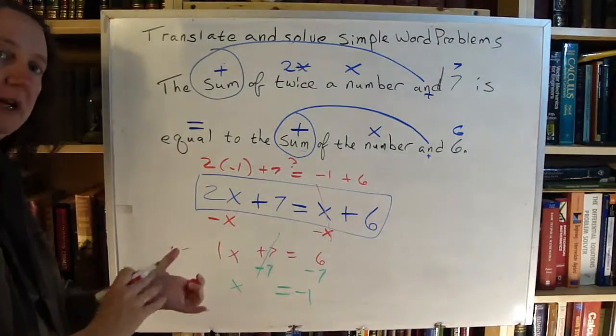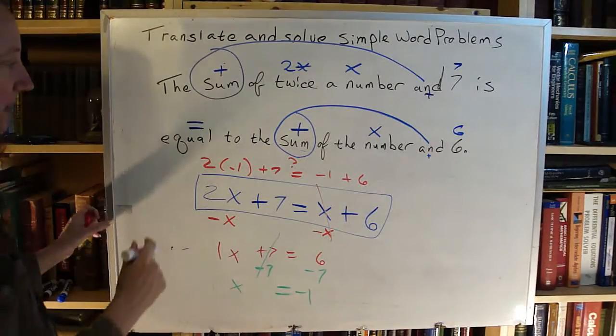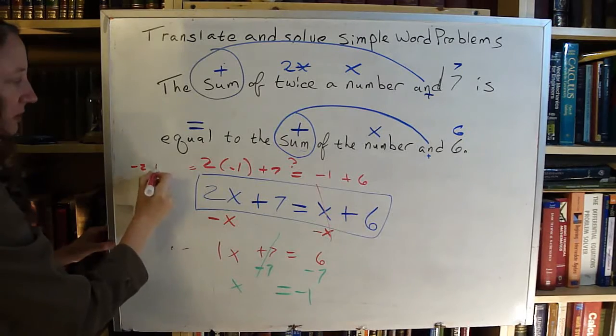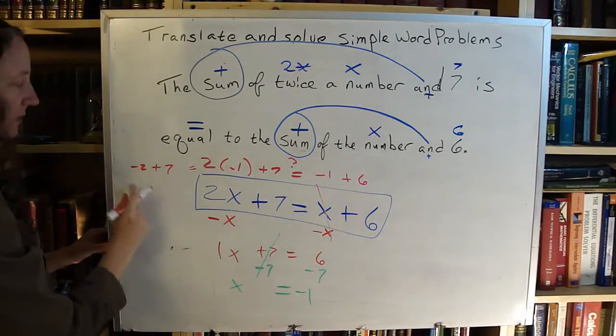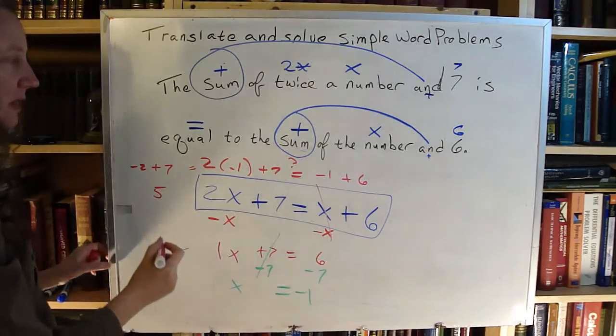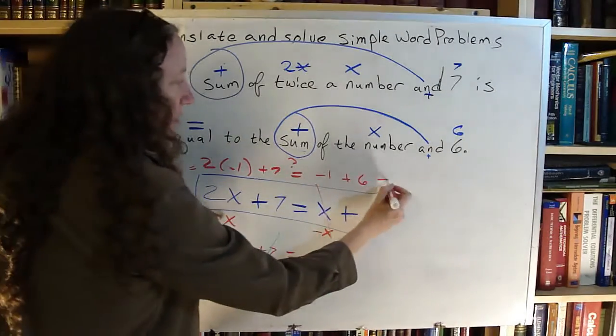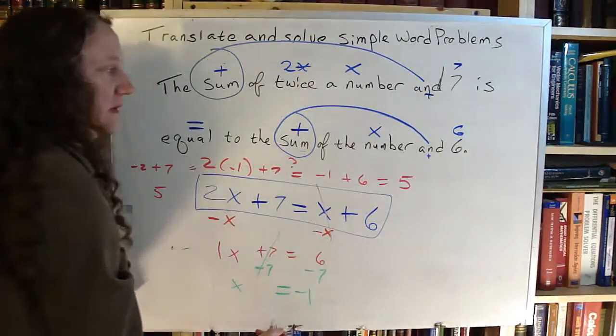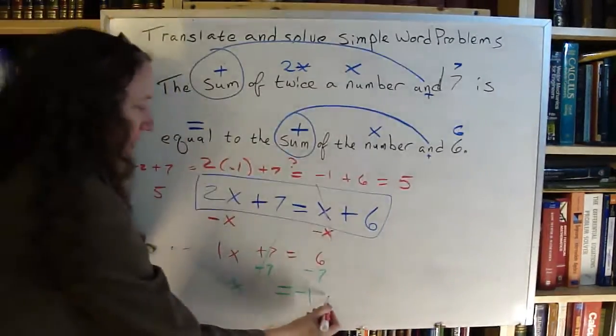So I type that into my calculator. I'm going to do it by hand here. 2 times negative 1 is negative 2. Carry over my plus 7. Negative 2 plus 7 is 5. Over here on this side, negative 1 plus 6 is 5. So yes, this does work out.